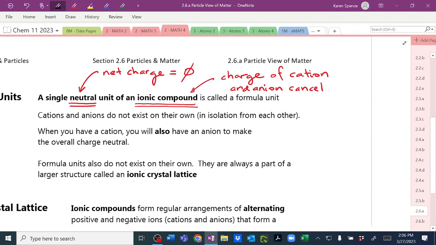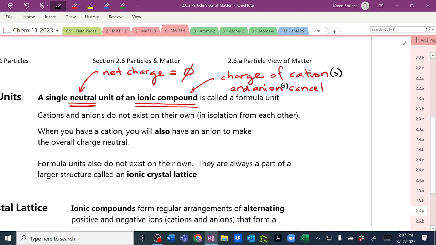Actually, I should put cation(s) and anion(s) with a bracket S because you might need more than one of them. Cations and anions do not exist on their own. I cannot go and get a pile of Na plus ions. If I had one Na plus ion beside another Na plus ion, what would a positive ion do to another positive ion? Repel, they would repel.